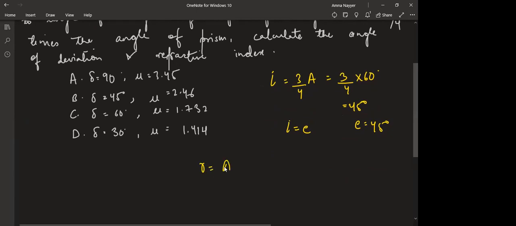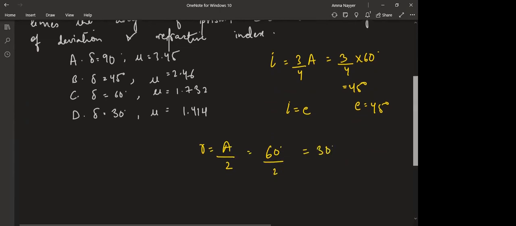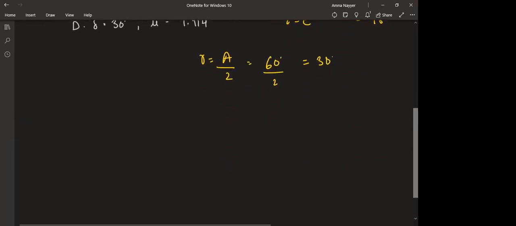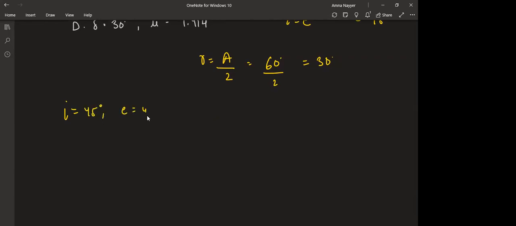So A by 2, which is 60 degrees by 2, is equal to 30 degrees. So see, you have all the values. You have i as 45 degrees, e as 45 degrees, r as 30 degrees, all the values are given to you.